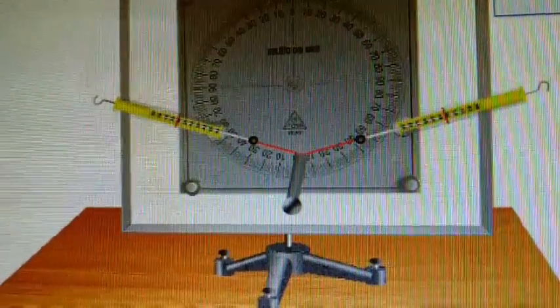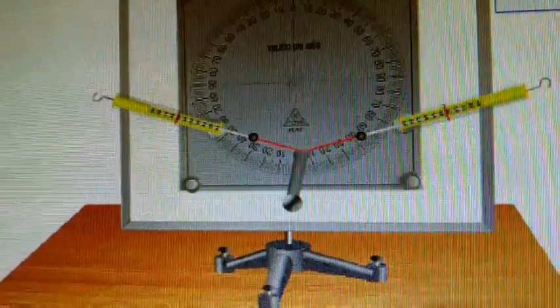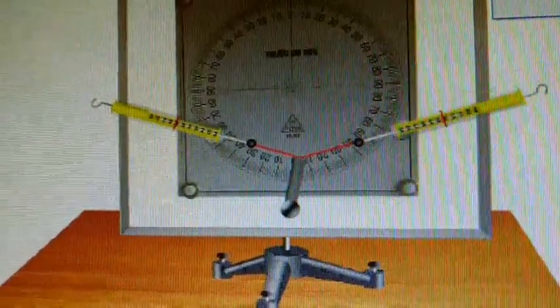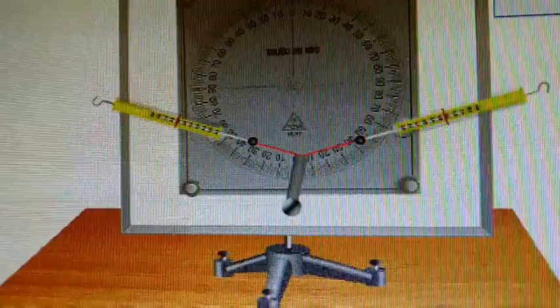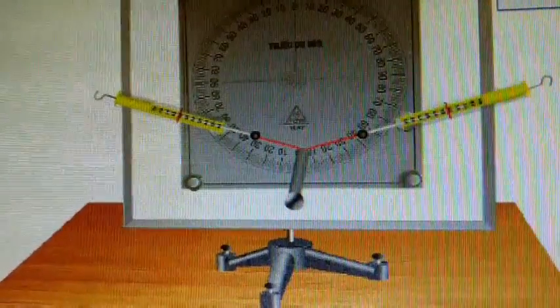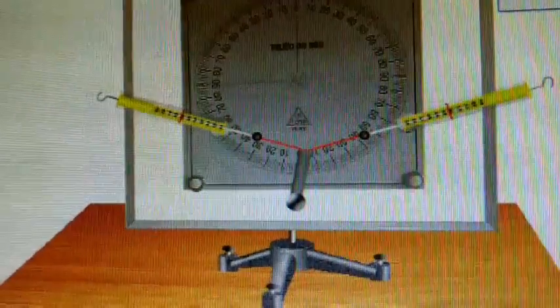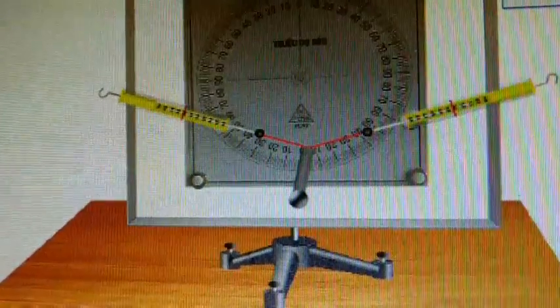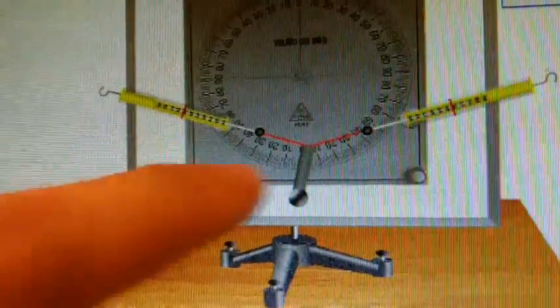To represent these two forces, we use a pen to draw up to the point, with the direction of the dynamometer. The point is noted.